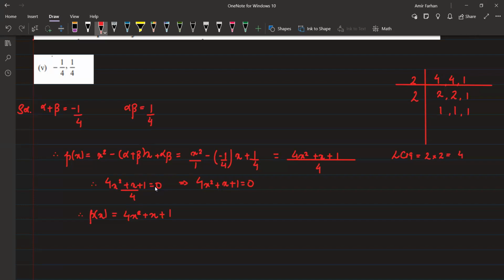When I split this expression, I will get the same result. That will be 1 by 4. So this 4 will get multiplied with 0. It will become 0. So your final expression is 4x square plus x plus 1. If you don't do this, it will also be fine. No teacher can deduct your marks on the basis of that. Clear, right?